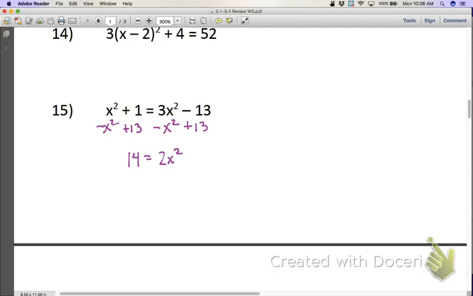So then divide by 2. So then I have 7 equals x squared. I'm not finished because I need to take the square root of both sides. So since I'm actually solving it, I'm going to have plus or minus the square root of 7 is equal to x.